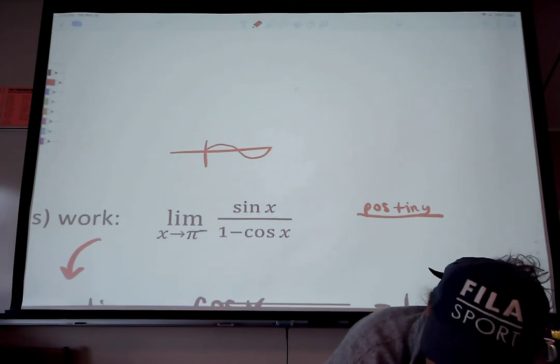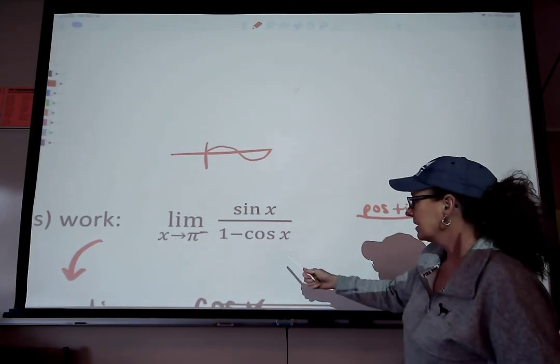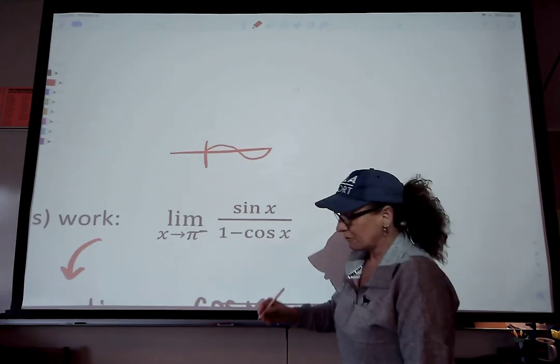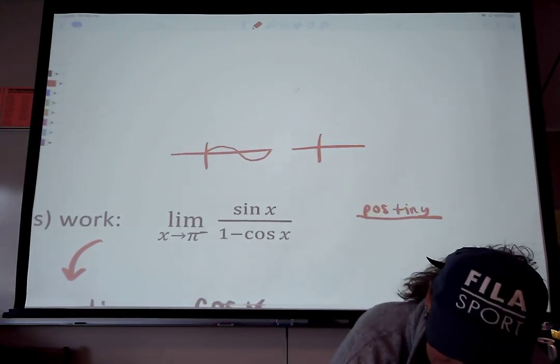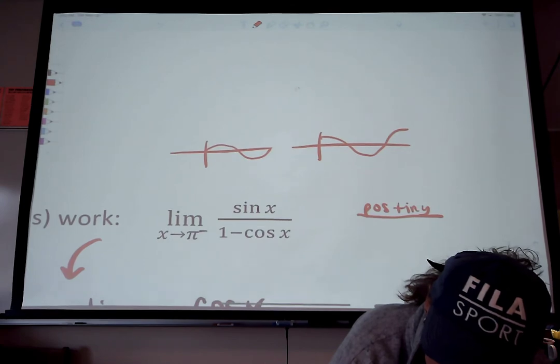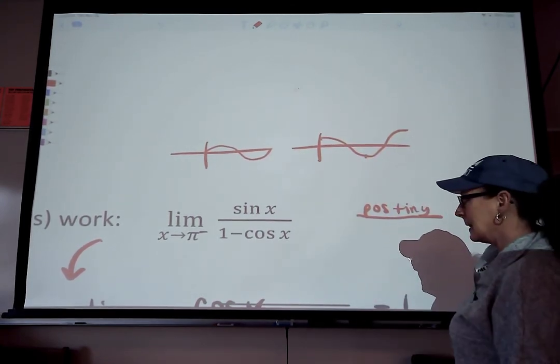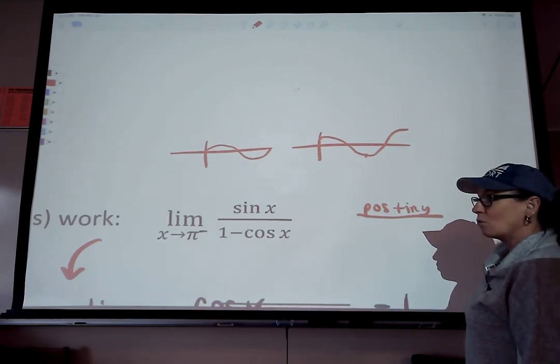I'm not going to put equals, I'm just thinking out loud here. And then 1 minus cosine. As we approach pi from the left, let's look at our cosine graph. That's getting super close to -1.